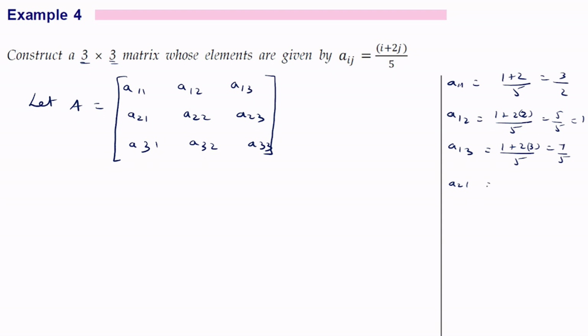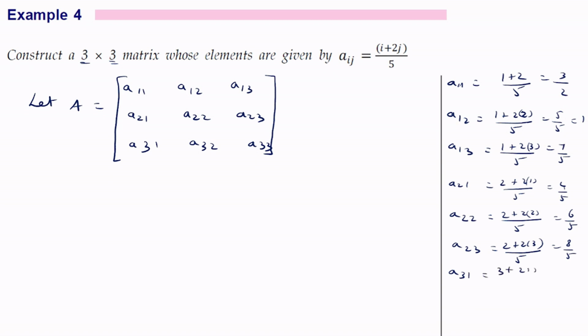Then A21 will be (2 plus 2 into 1) by 5, which is 4 by 5. Then for element A22, we have (2 plus 2 into 2) by 5, which is 6 by 5. Then for A23, it is (2 plus 2 into 3) by 5, which is 8 by 5. Next we have the elements of the third row, A31.